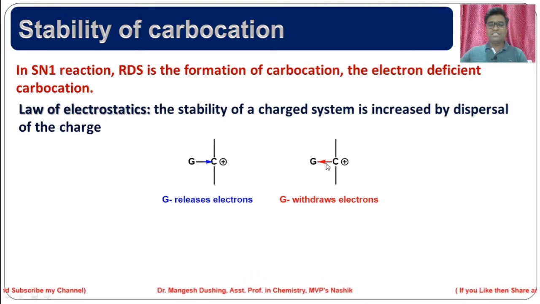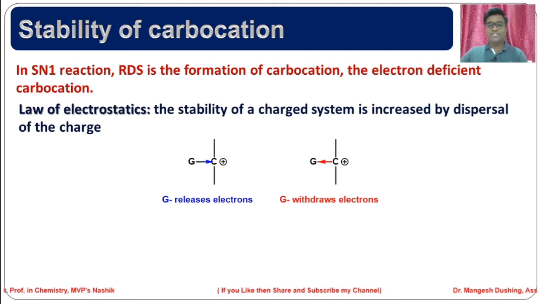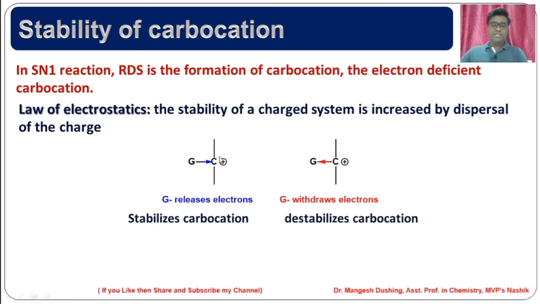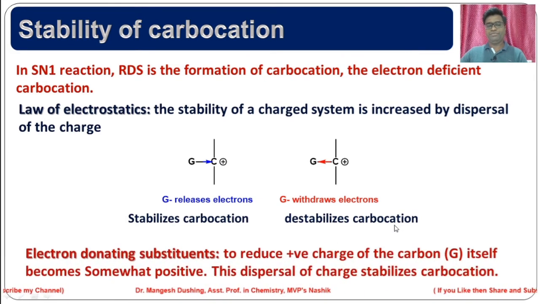While in this case, with an electron withdrawing group, it may be minus I effect or minus R effect, this charge will be concentrated. The intensity of positive charge will be increased, so this will be less stable. So electron donating effects stabilize the carbocation, while electron withdrawing effects destabilize the carbocation.